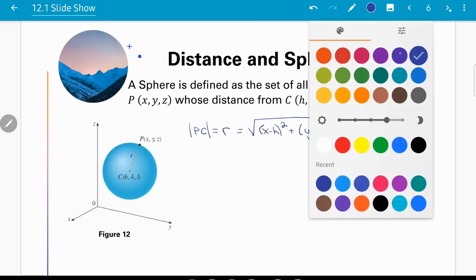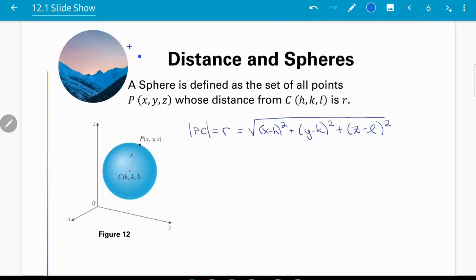If we square both sides, we end up with r squared equals x minus h squared plus y minus k squared plus z minus l squared, which we should recognize as the equation of a sphere.